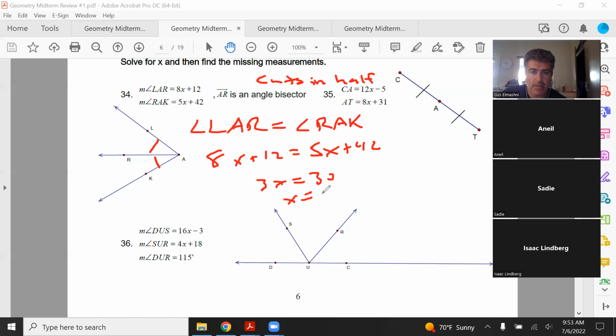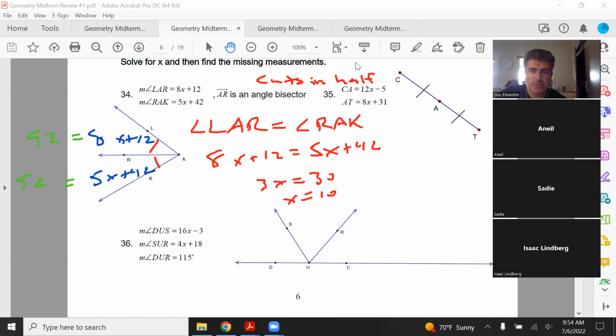X equals 10. So if you want to find the missing angles, not that hard. That's supposed to be 8x plus 12. That's supposed to be 5x plus 42. So that's going to be 92? Yeah.